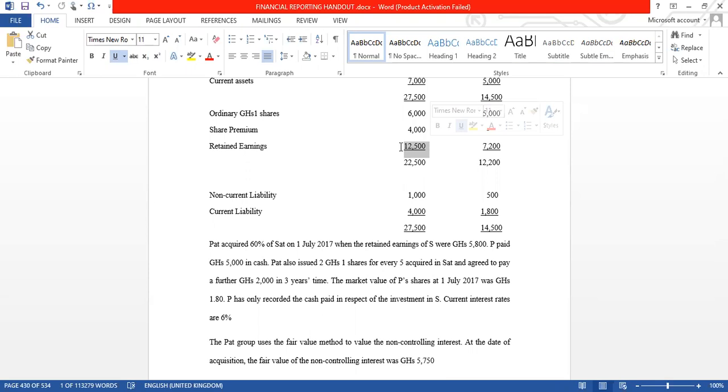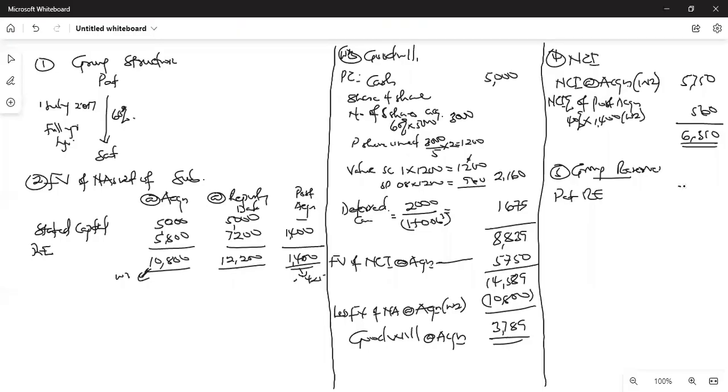So you go there and slot it in there. That's fine. Then share of post-acquisition profit. We do 60% times the 1,004, which is from workings 2. When you do 60% of the 1,004, I have 840.